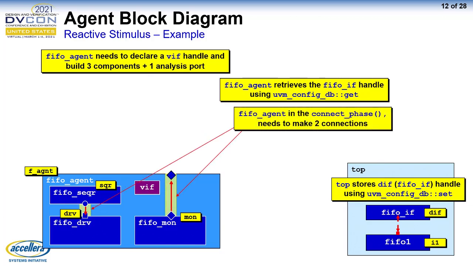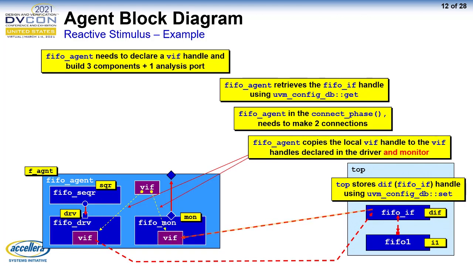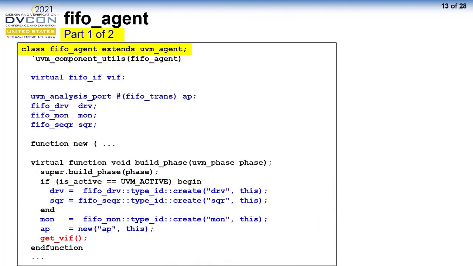Next, the agent needs to make two connections in the connect phase: the sequencer to the driver and the monitor analysis port to the agent analysis port. Then the agent copies its VIF handle to the driver's declared VIF handle and to the monitor's declared VIF handle. These next two slides show the FIFO agent code.